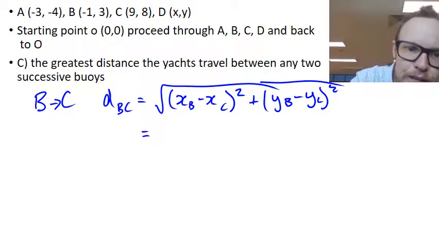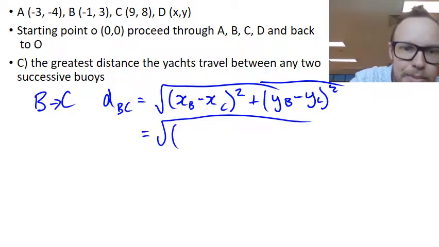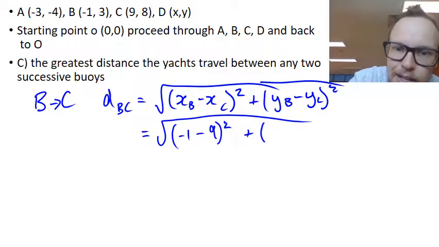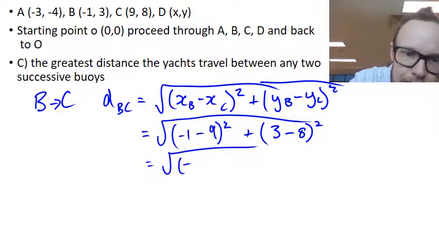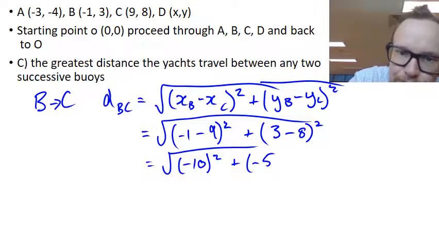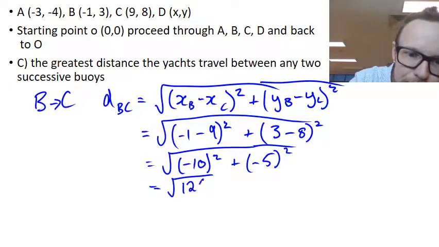So the greatest distance here is going to be the square root of our xB, negative 1, minus xC, 9, squared, plus yB, 3, minus 8, squared, which is going to be equal to negative 10 squared plus negative 5 squared, which is equal to the square root of 125, which is equal to 11.18.